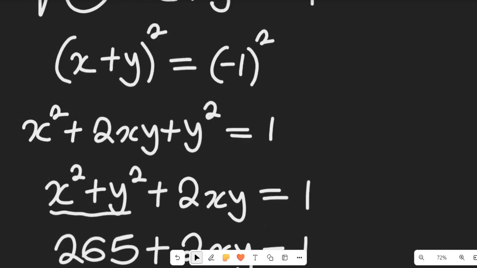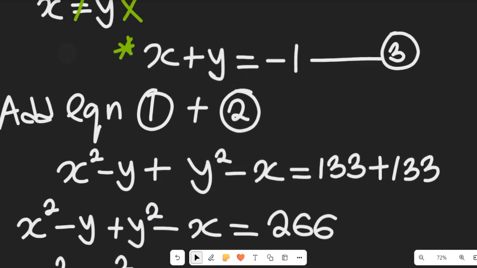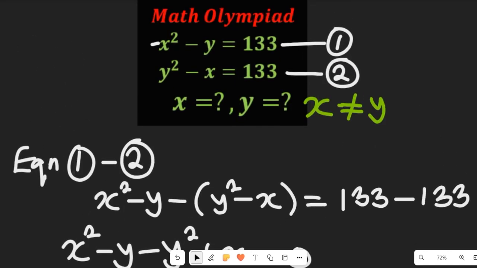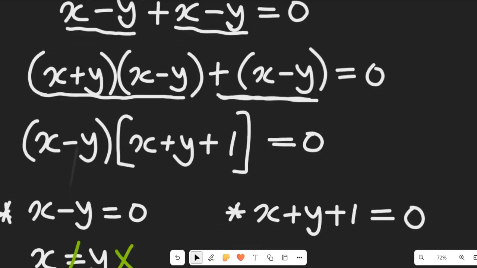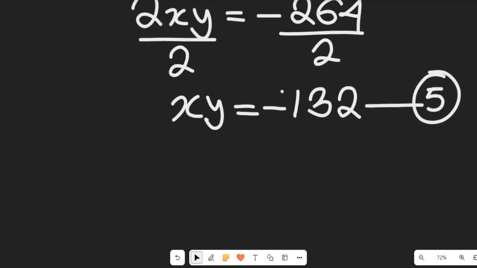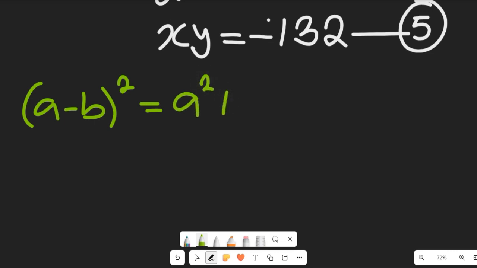Now we have 5 different equations. The question is, how do we find the value of x and y from all these equations we have just derived? Let's go back to one algebraic formula, from which we can make headway. Recall that (a minus b) all squared is equal to a squared plus b squared minus 2ab.